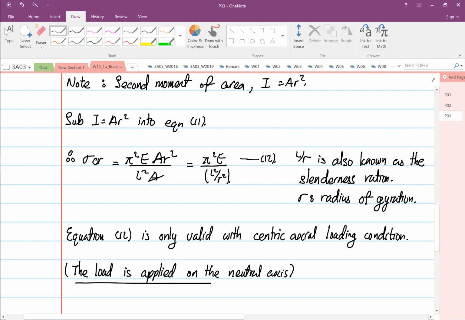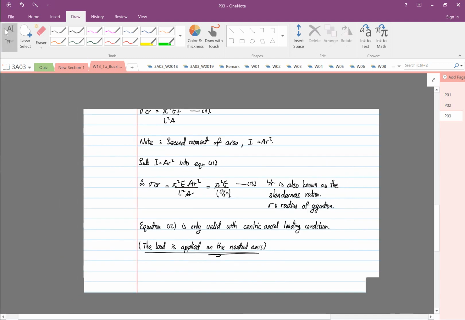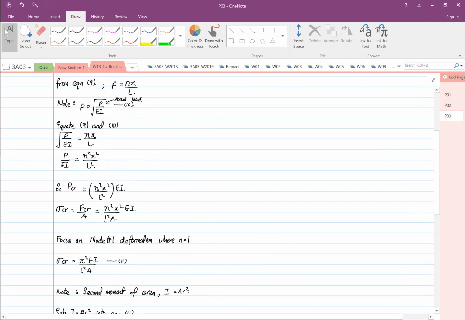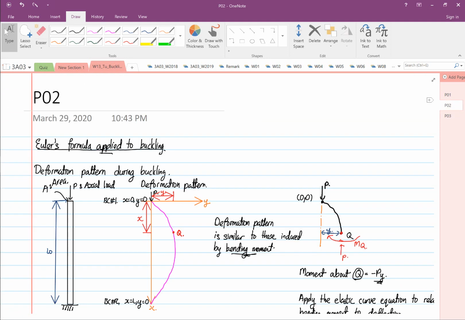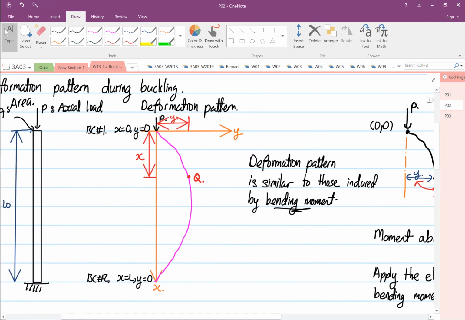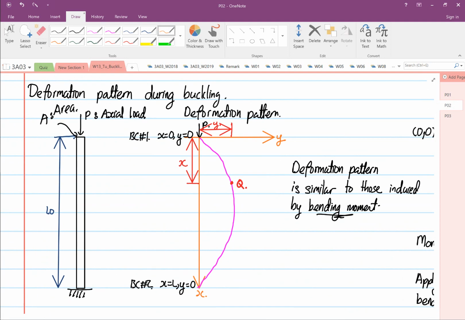This is important to note. Why is that the case? Because when we derived our expression, the load is acting on our neutral axis. Coming down, this orange line is our neutral axis.